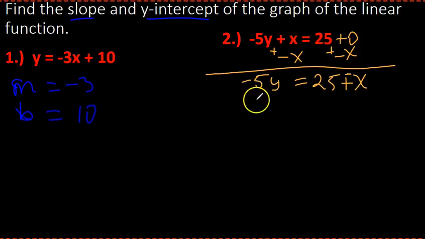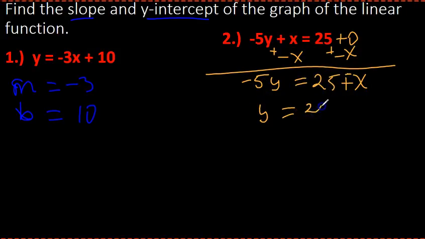All right, now we are going to divide both sides by -5 to get y by itself. So then y is going to be, make sure you divide every term by -5, every term. So it's going to be 25 divided by -5 plus -x divided by -5.